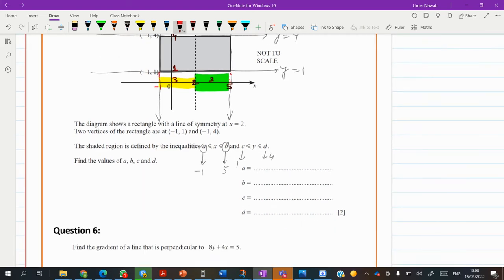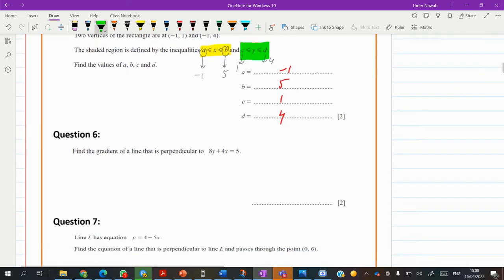So the question looks harder, but the rectangle is bounded between two horizontal lines and two vertical lines, and we found their limits. So a is equal to -1, b is equal to 5, c is equal to 1, and d is equal to 4. You can see the first inequality is representing the vertical lines, and the second inequality was representing horizontal lines.